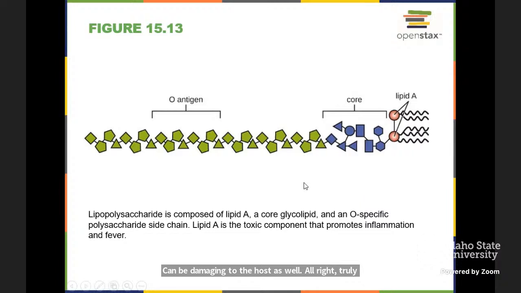Oftentimes, infections with stuff like E. coli, the bad E. coli, the 0157H7 that causes nasty diarrhea, bloody diarrhea. Individuals infected with this, treatment with antibiotics oftentimes makes the situation considerably worse. And so usually antibiotics are not given in those circumstances.